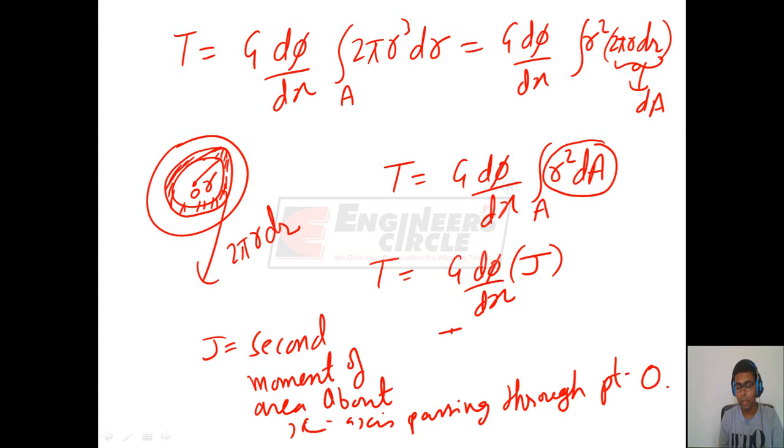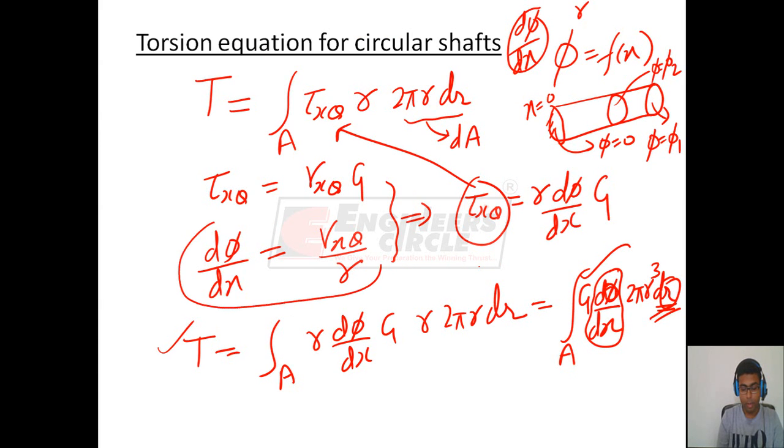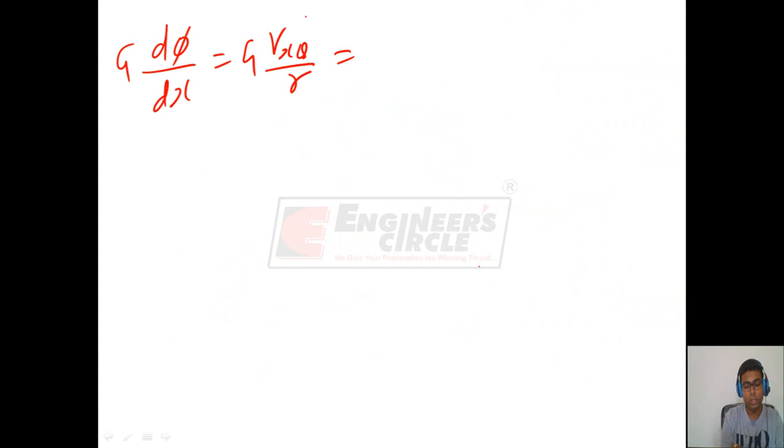So we get T by J is equal to G into d phi by dx. But we have already learned that d phi by dx is gamma x theta by r. Therefore, we can write d phi by dx as gamma x theta by r, multiplying both sides by G. Now this G into gamma x theta is tau.